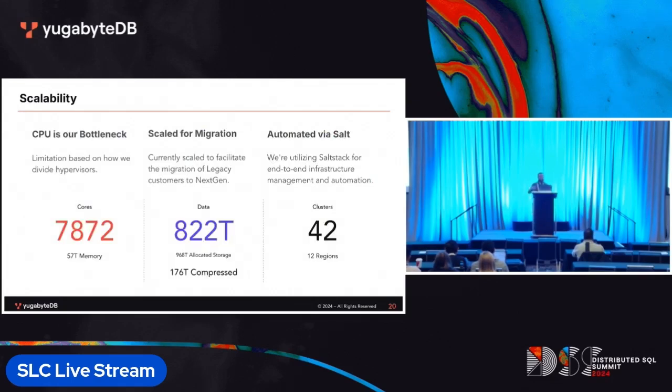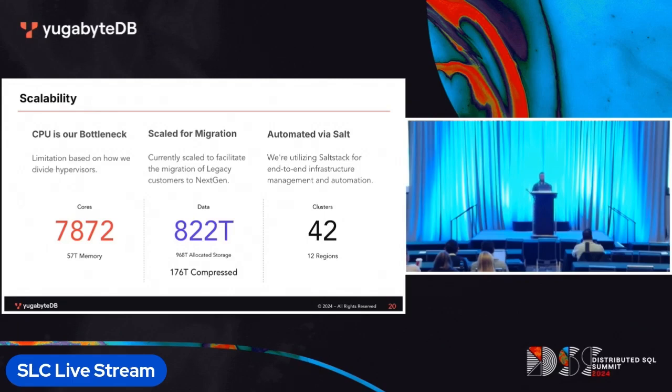So talk about our scale, kind of get to the brass tacks and talk about what we're experiencing. So our current deployment is 42 clusters across the 12 regions that I had mentioned. Each region has multiple clusters, and as I mentioned, we shard our tenants across those.